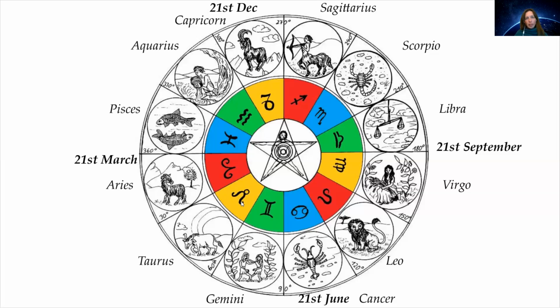And Taurus in the excess could be a little bit too stubborn, but that's just the opposite of this quality of stability, the earth sign, and all that's connected to that, and all these sensual pleasures.